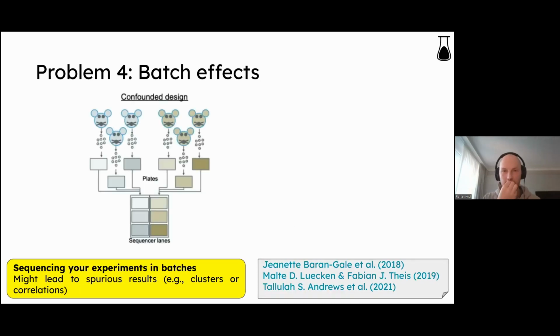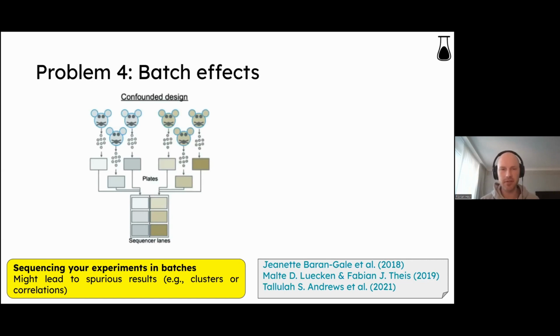And the last problem are batch effects. These ones you also know from bulk sequencing. There, it is always a question if you should correct for it or not. In single cell, it is a bigger issue. So we really have to take care of these batch effects.